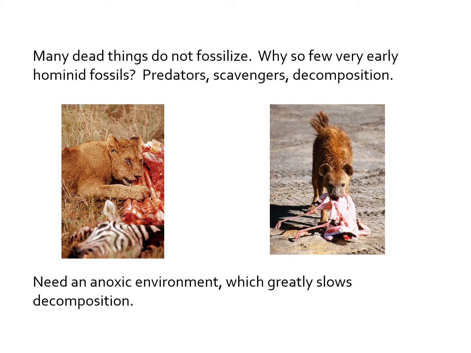We think this is due to things like predators, scavengers, and decomposition that happens too quickly. What you need for fossilization to occur is very slowed decomposition, and what helps that a lot is having an anoxic environment, which is really just a fancy way of saying an environment that lacks oxygen.